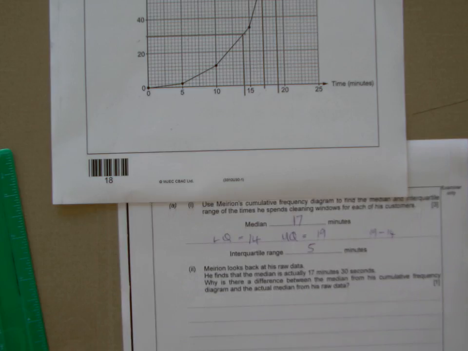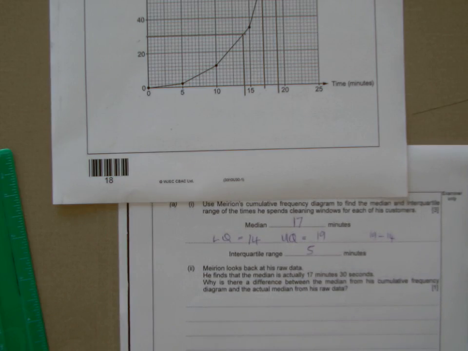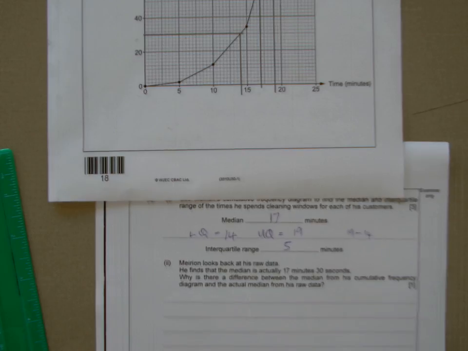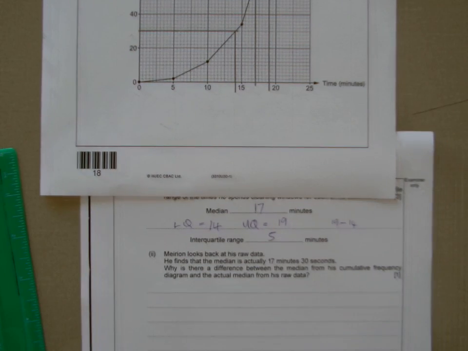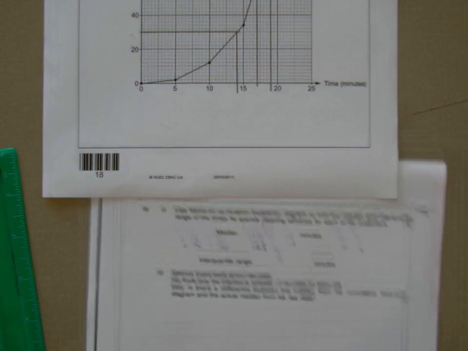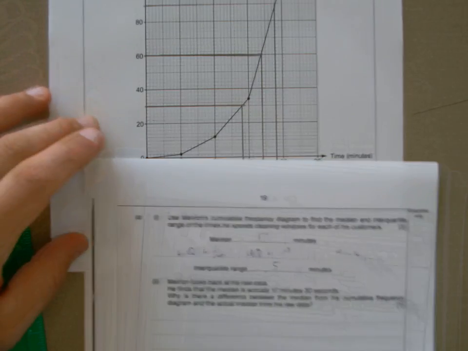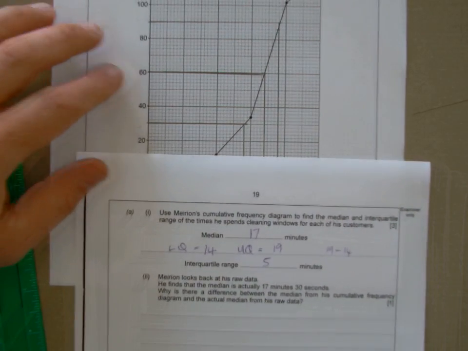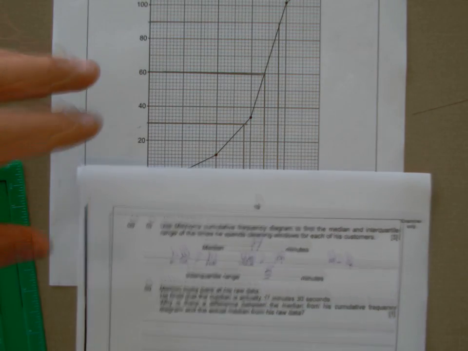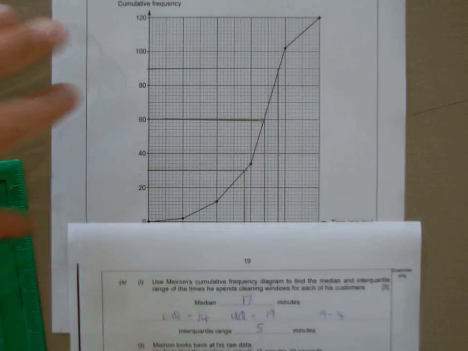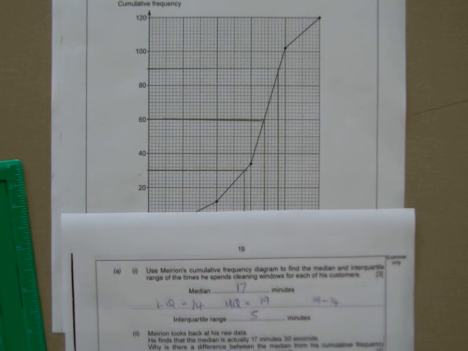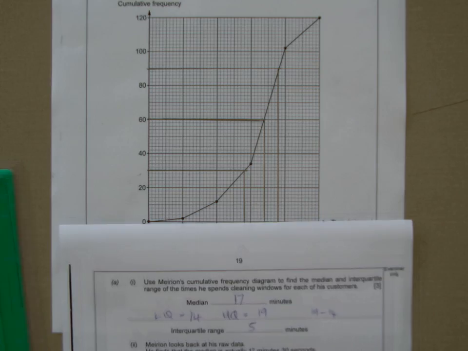It says then, Myron looks back at his raw data. He finds that the median is actually 17 minutes 30 seconds. Whereas we worked out 17 minutes. Why is there a difference between the median from the cumulative frequency diagram and the actual median from his raw data? Well, often when we calculate the median from a cumulative frequency, it's just an estimate, okay? Because sometimes the data has been grouped. Sometimes you lose information by drawing on a cumulative frequency.